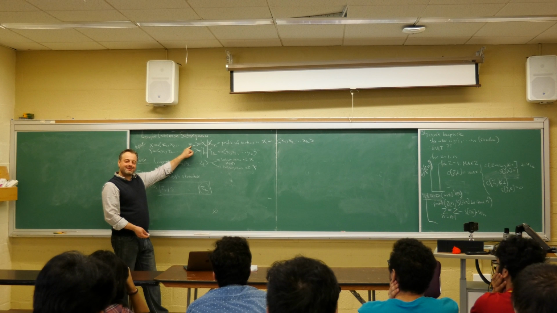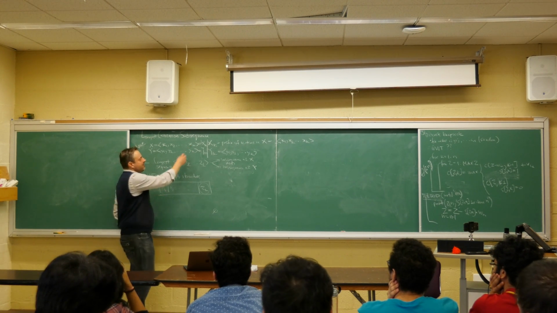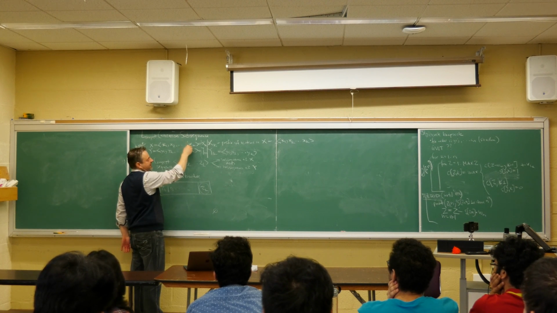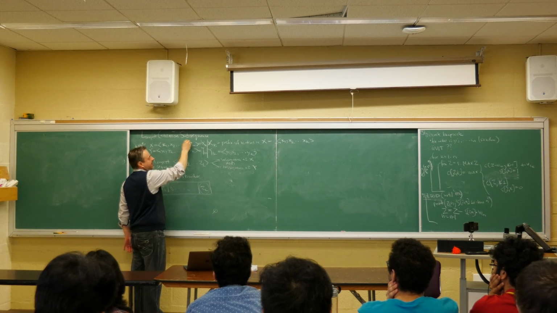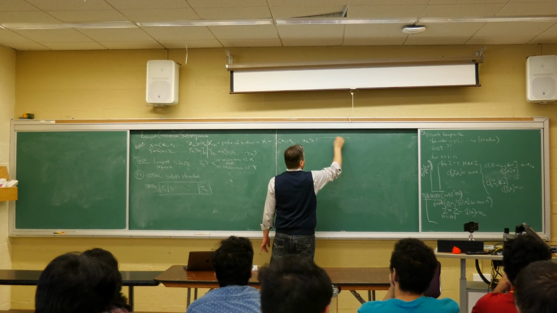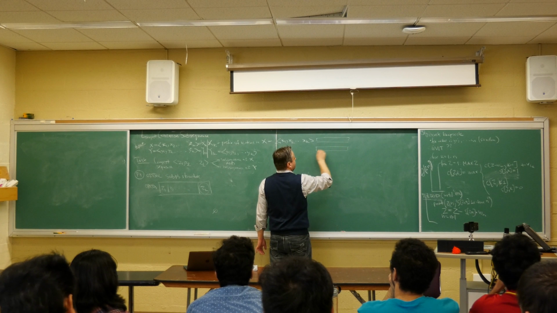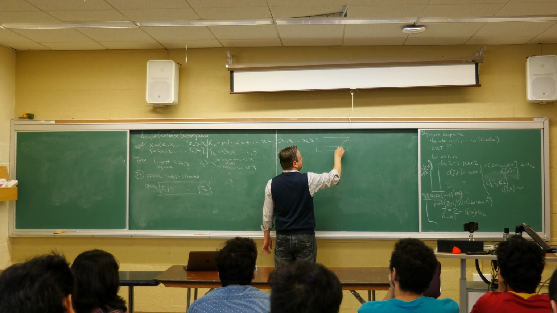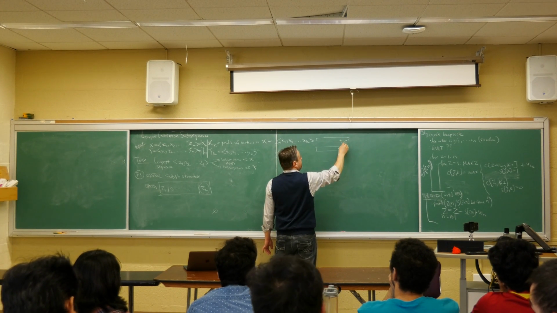But last common is an ill-defined notion. Last common, like maybe this one here is common with this one here, but also with this one here, and this one is common with this one. Let me do this drawing again. Here's X, right? And here's Y, right? Suppose this one is the same as this, and this one marked with the star is the same as that.